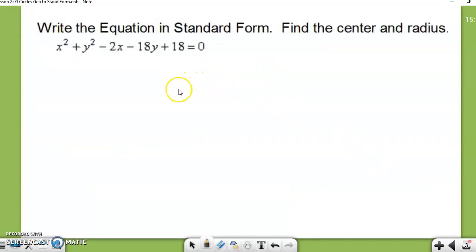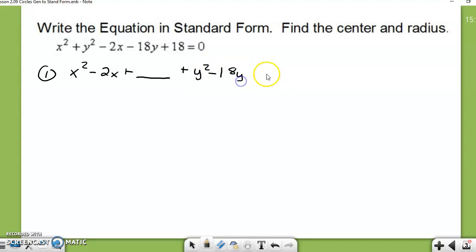Okay, so now let's do a couple examples together. This is already equal to 0, and it is in general form. We want to convert it to standard form so that we can see our center and our radius. First thing I'm going to do, step 1, is I'm going to group my x values, and I'm going to leave a space for completing that square, and I'm going to group my y values, and I'm going to leave a space for completing the square.